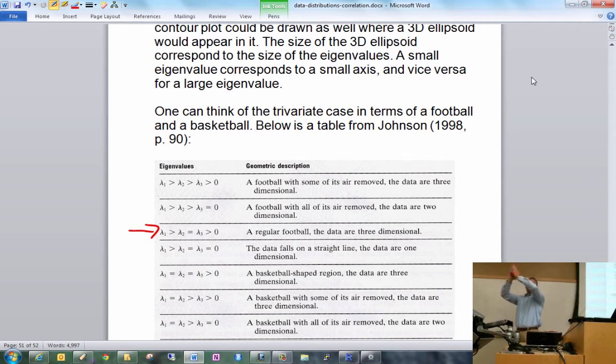Now let's say that lambda 2 and lambda 3 were equal to 0. What would happen to this ball? If I could just crunch this down totally, it would be like a single small point in space. You basically lose 2 of the dimensions, and you would just have 1.